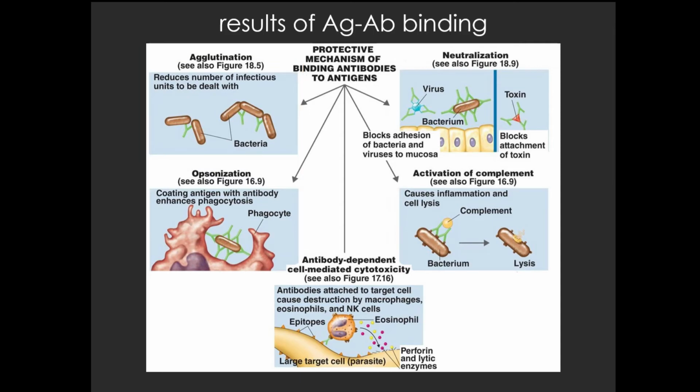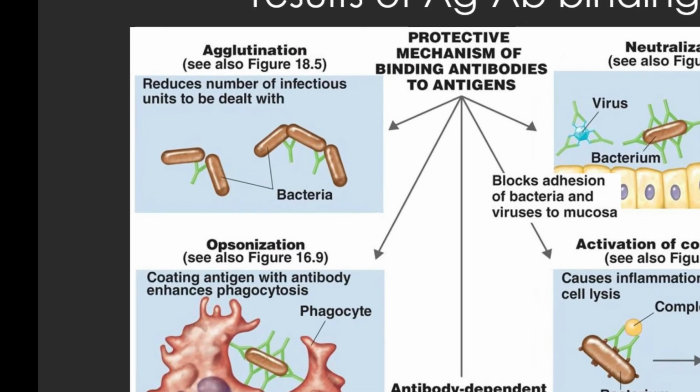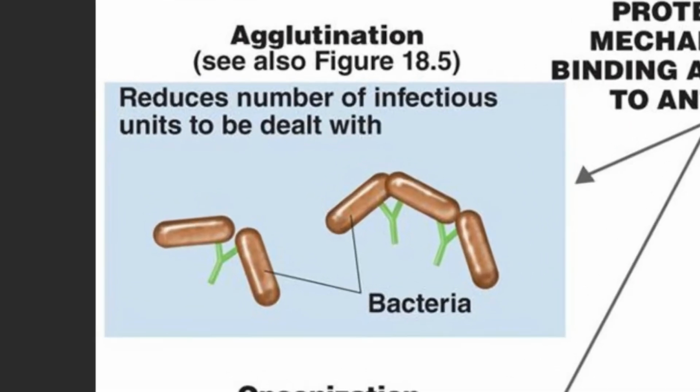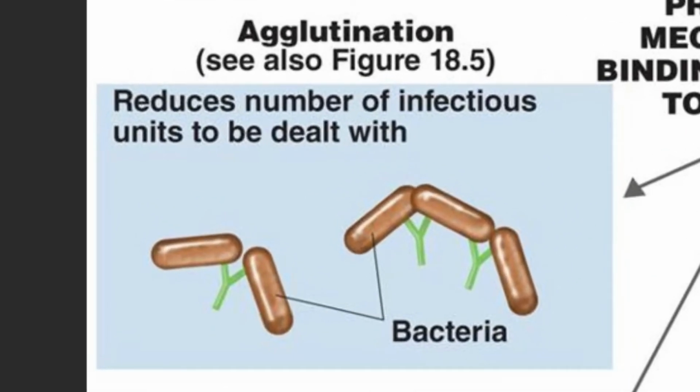Now, if we start at the top there with agglutination, we are starting with the most basic result of antigen-antibody binding. So agglutination comes from a Latin word meaning to glue together. And as you can see from that picture, the antibody is serving like a glue to hold more than one bacterial cell together. So you have one antibody there binding 2, 2 antibodies binding 3, and so they're gluing together and clumping these bacteria together.